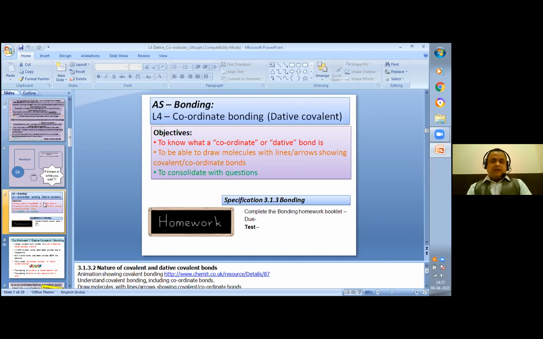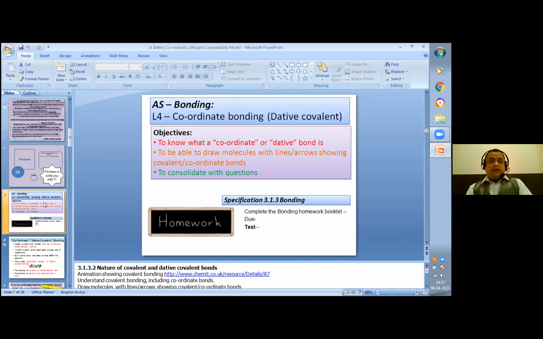Suppose A and B are both participating in a covalent bond. In a covalent bond, one electron comes from A and another electron comes from B. They form a pair. This pair of electrons is shared by both A and B, and there is a single bond. If two pairs are shared, there is a double bond. If three pairs are shared, there is a triple bond. That is a covalent bond.